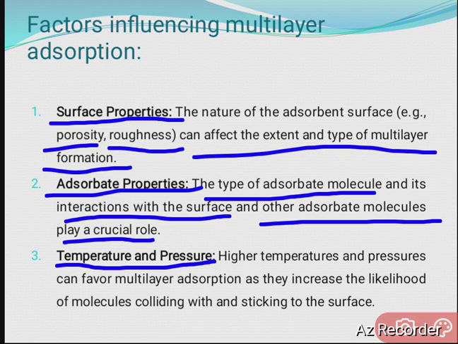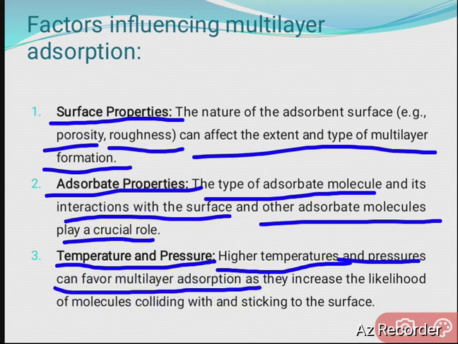What happens here? Higher temperature and pressure can favor multi-layer adsorption as they increase the likelihood of molecules colliding with and sticking to the surface. Okay.